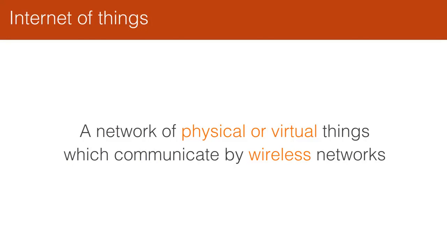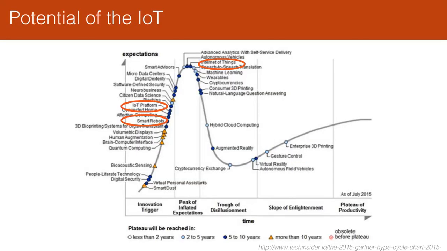This being defined, let us see why the field covered by this course is important. This chart, produced by the Gartner Company, identifies the degree of maturity and potential of a set of key technologies.